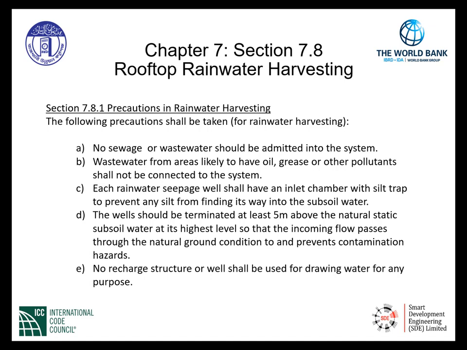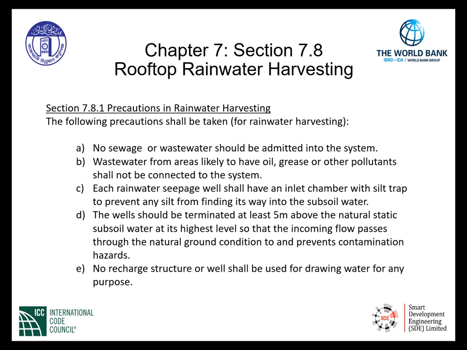Item D, the well should be terminated at least 5 meters above the natural static subsoil water at its highest level so that the incoming flow passes through the natural ground condition and to prevent contamination hazards. Item E, no recharge structure or well shall be used for drawing water for any purpose.